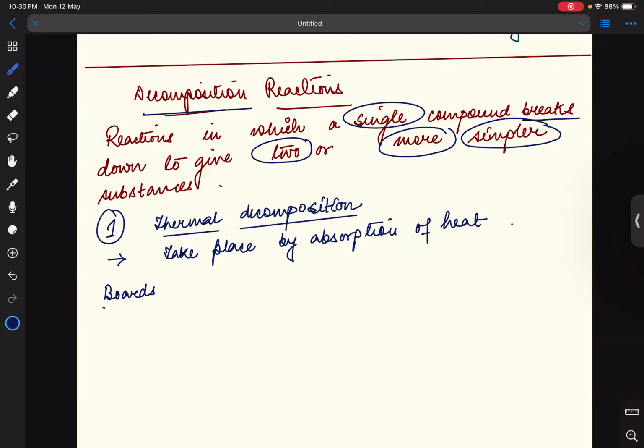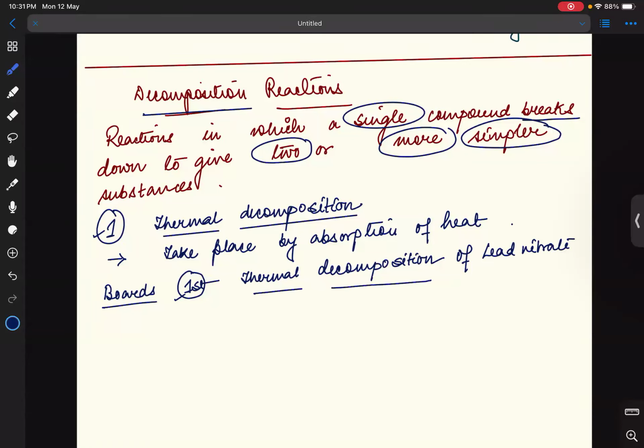We all know that. So the first activity which comes under decomposition reaction, I'm writing it as 1ST so that you don't get confused between two ones. First activity is thermal decomposition of lead nitrate. Although we have done it in details, I'll just repeat it once more.